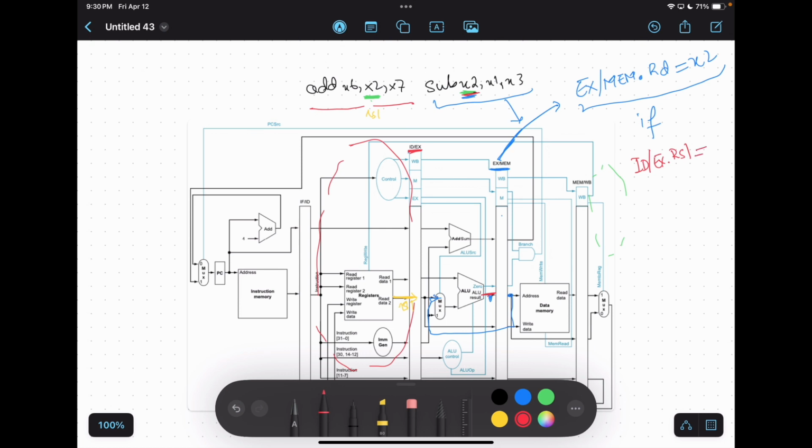Okay, if this is also equivalent to x2, here in this case it is x2, when both are equivalent, it means that the value x2, which is just being updated, has to be used in the next instruction, and in that case we need to forward the data from this execution path to here. The data dependency of x2 could also be used in idx dot rs2. So we need to check both of the registers.